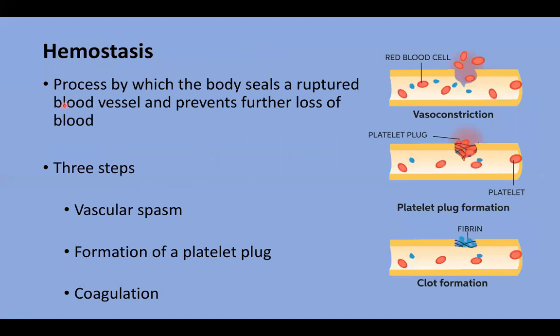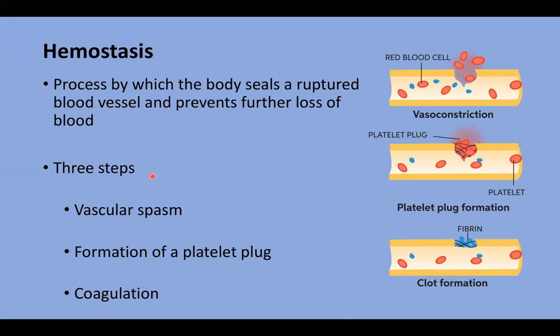All right, so we talked about the thrombocytes and the fact that they are responsible for hemostasis. So let's talk about what hemostasis is. How do your thrombocytes repair or stop the blood flow from a damaged vessel? And how are they going to help repair that vessel? So hemostasis, again, is a process by which the body seals a ruptured blood vessel and prevents further loss of the blood.